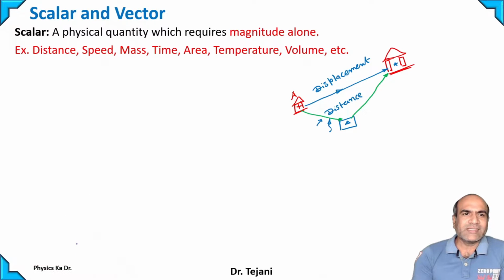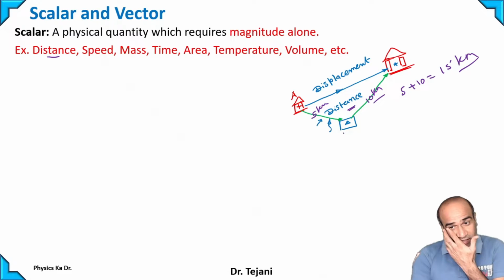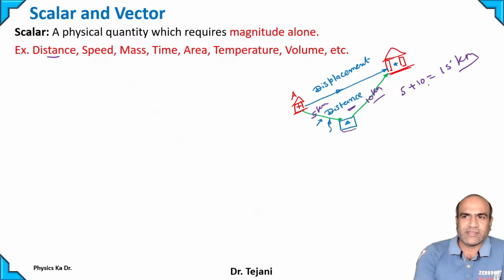Now, the point is that distance, which we mentioned in the example, is a scalar. How is it a scalar? See, distance requires only the total. Say for example, this is 5 kilometer and that distance is 10 kilometer. So when we talk about distance, 5 plus 10 is equal to 15 kilometer. She traveled 15 kilometers if she traveled via the ice cream parlor. In this case, she does not require any direction.